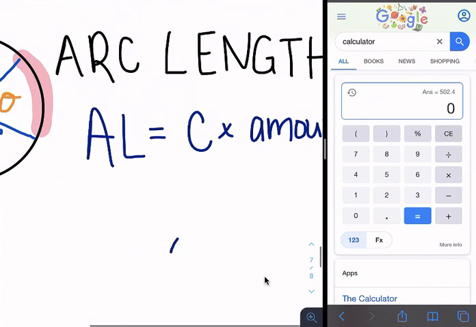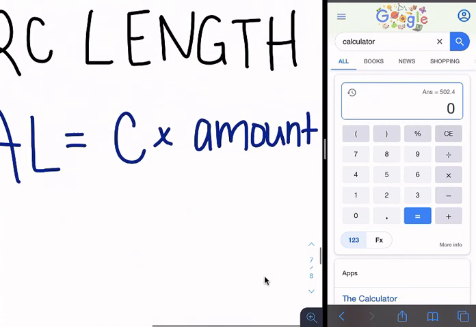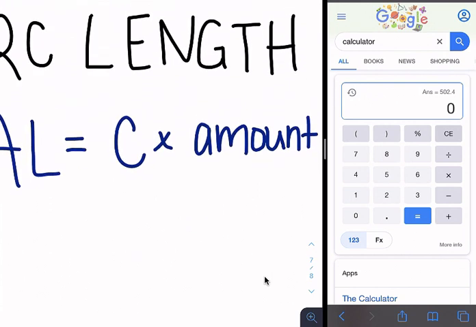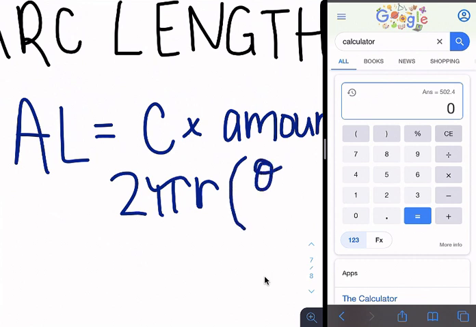So how we do this, we are going to do the circumference, which remember is 2 pi r, and we're going to multiply that by whatever your degree is over 360.